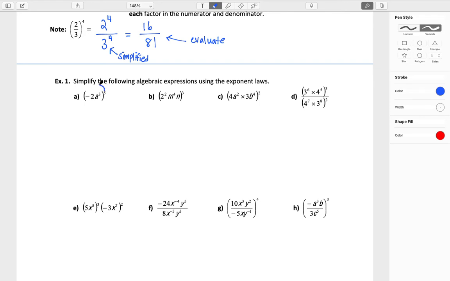So 5 is going to apply to the negative 2, and 5 is going to apply to the base of A. So using brackets, negative 2 to the 5, and then A to the 3 to the 5. Negative 2 to the 5 is going to give me negative 32. And A, 3 times 5 is going to be A to the 15.